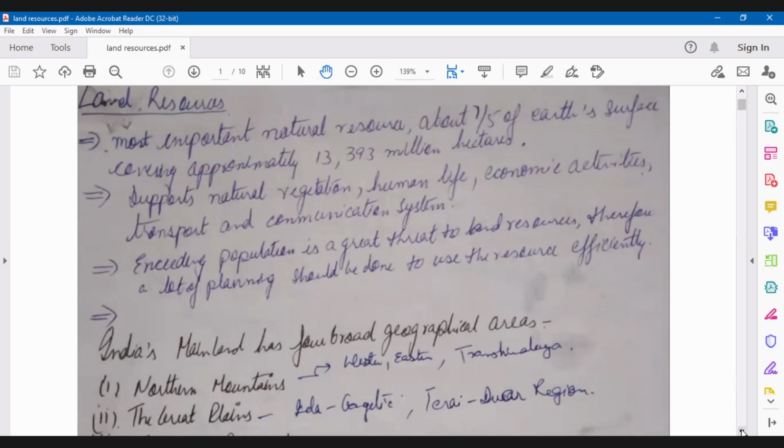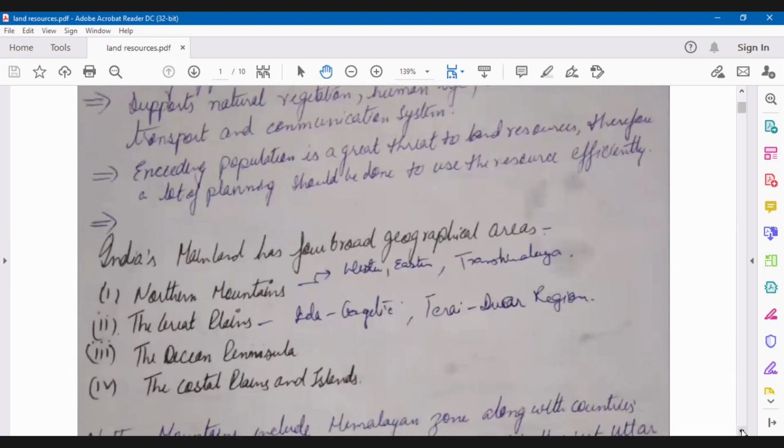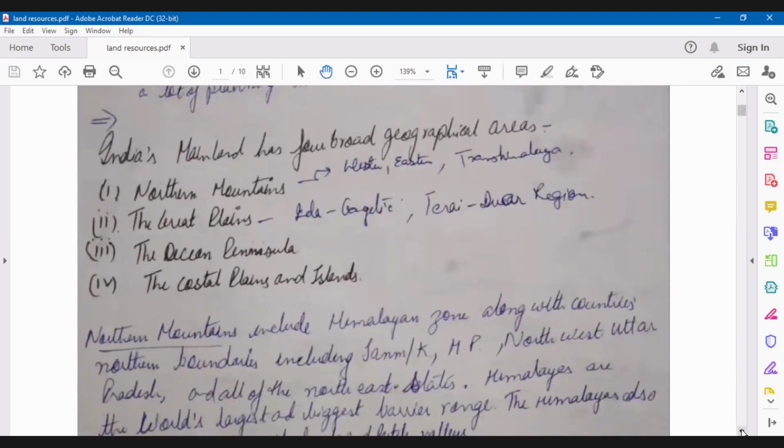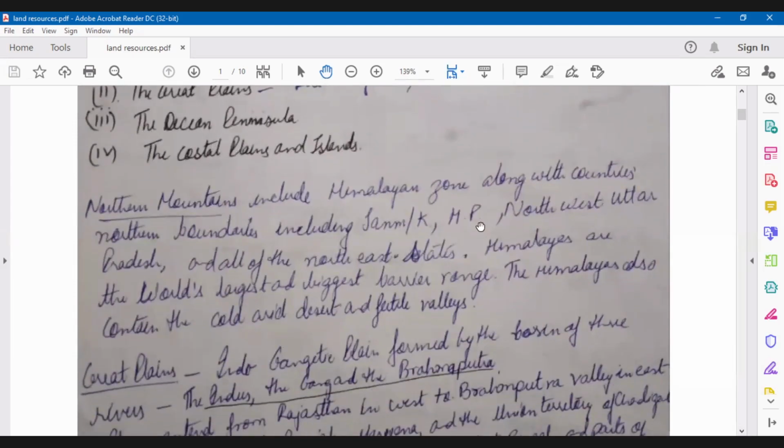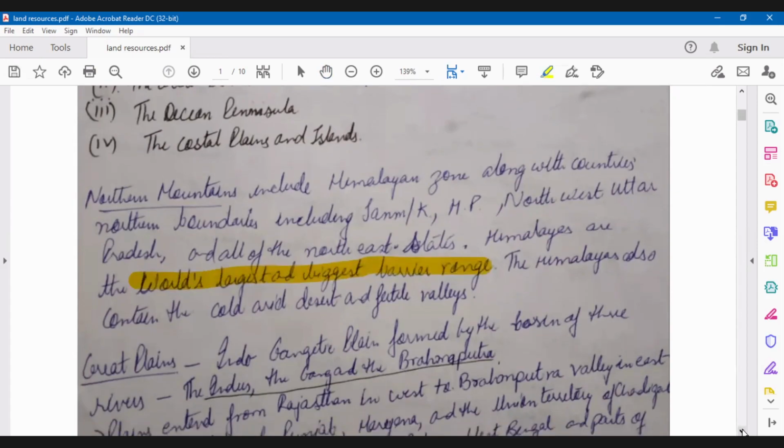Now, when we talked about India's biogeographical zones, we said there are 4 zones. The states covered are Jammu and Kashmir, Himachal Pradesh, Northwest Uttar Pradesh, and all of the Northeast states. The Himalayas, this point is important, I'll just mark it here, are the world's largest and biggest barrier range. So one should know this.